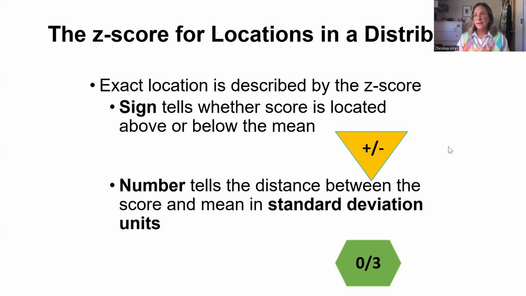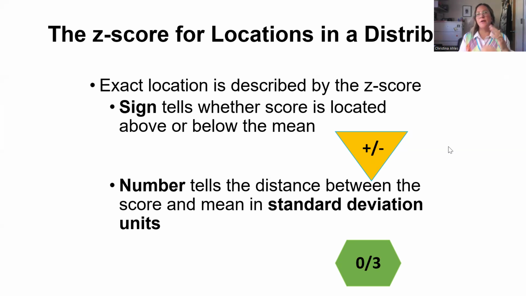The sign of that z-score tells you whether that score is located above the mean or below the mean. Meaning, if I have a mean of 50 and a raw score of 40, the z-score is going to be negative because 40 is less than 50.